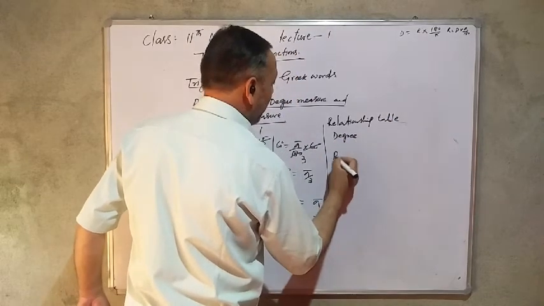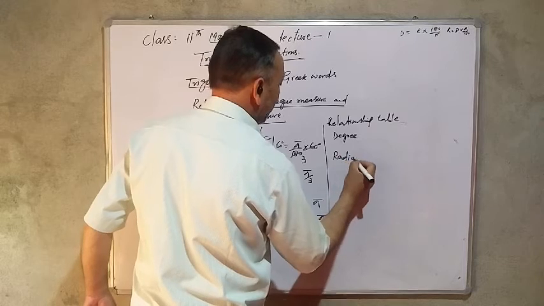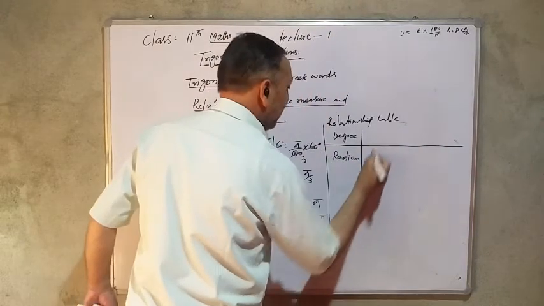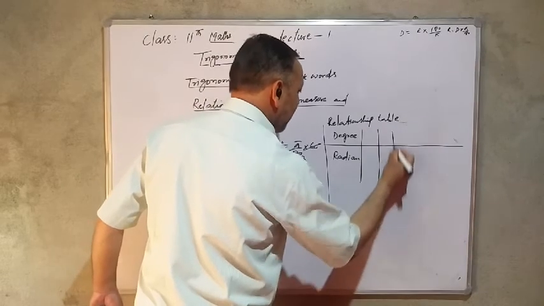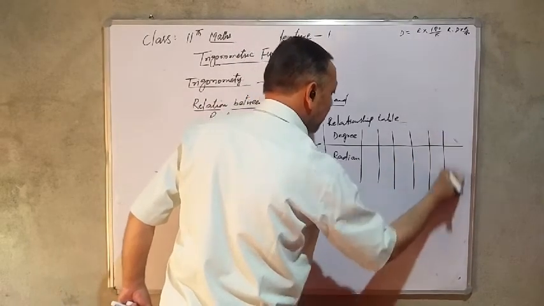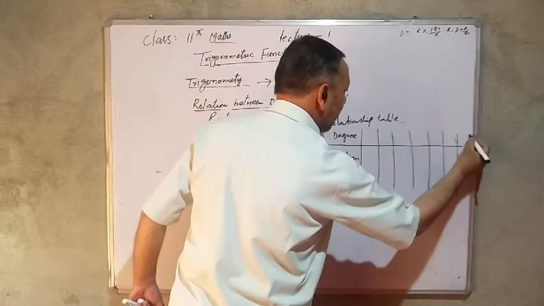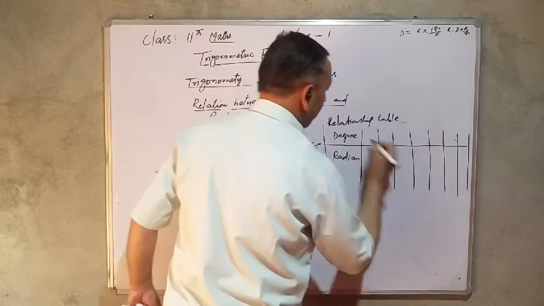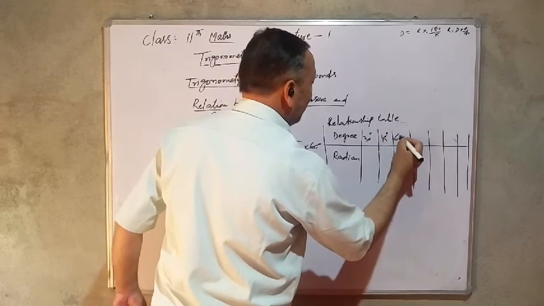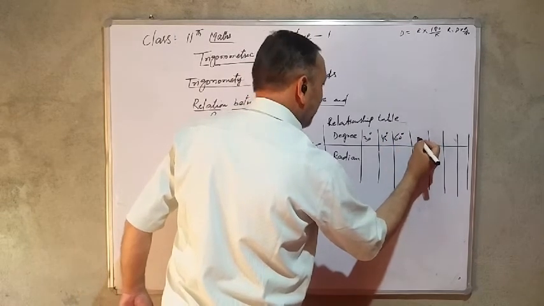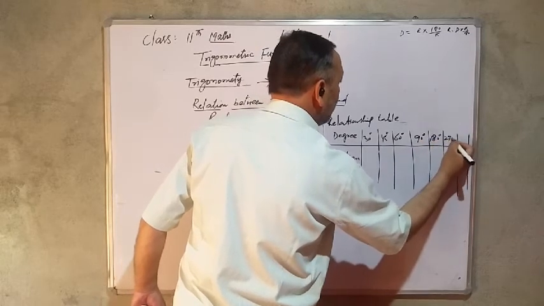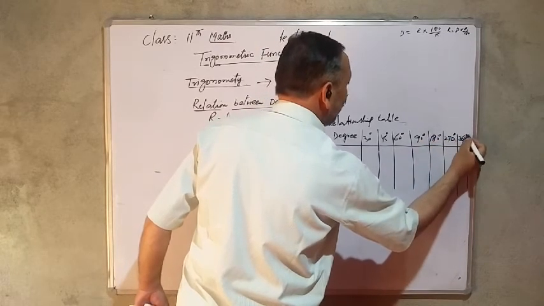Here we have radian. 30°, 45°, 60°, then 90°, 180°, 270°, 360°.